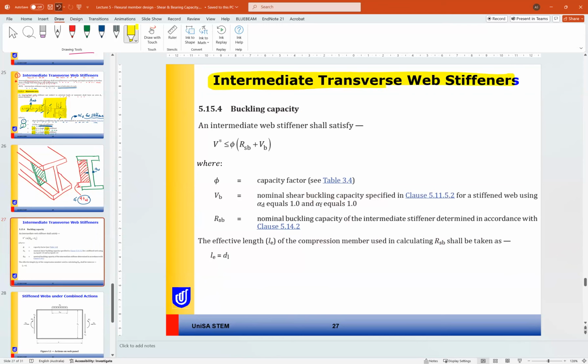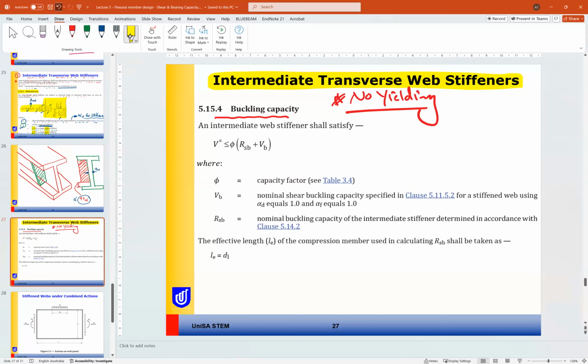Okay, so this is the minimum area and the design criteria for the intermediate transverse web stiffener. We have only one criterion for this one, which is buckling capacity. So no yielding is expected for this one. We don't expect that the stiffener will reach yielding in our design.